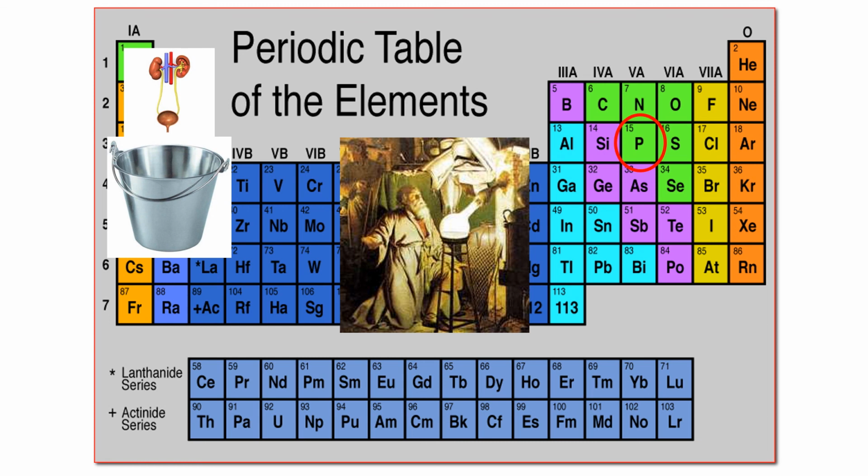And as the water evaporated from the urine, through chemical degradation and natural breakdown of the phosphate-containing materials in urine, it started to glow. And that's where the name phosphorus comes from.